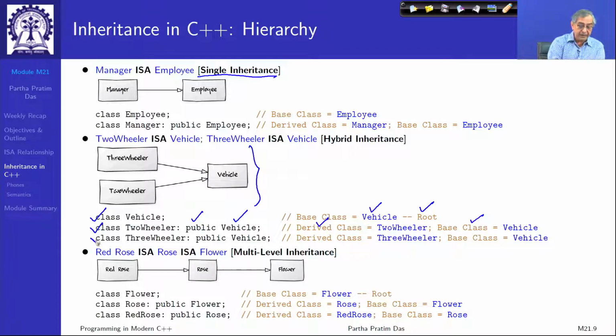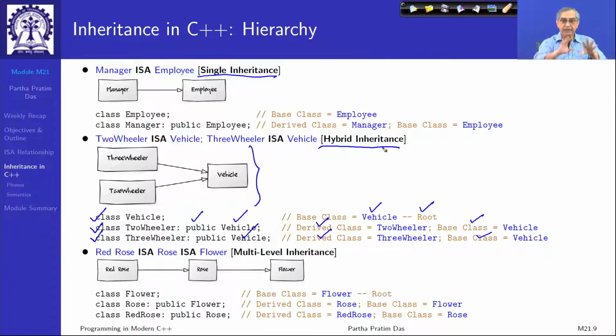Similarly, class three-wheeler is public vehicle. So, multiple classes can have the same base class. This is known as hybrid inheritance, where many arrows go to the same base class.